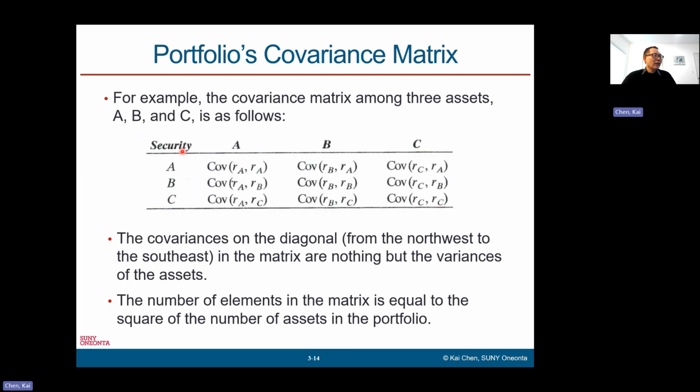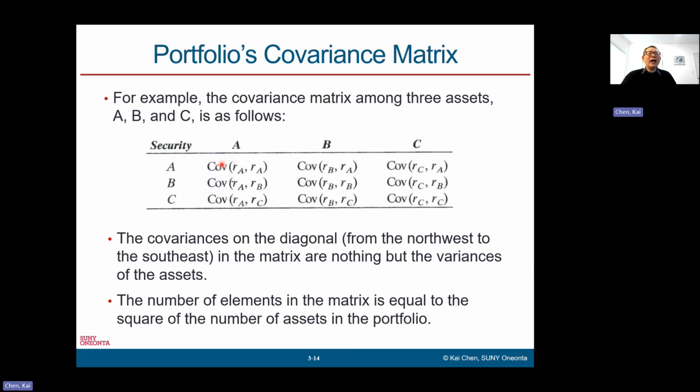The elements on this diagonal are covariances between the column asset and the row asset, and the column asset is the same as the row asset.